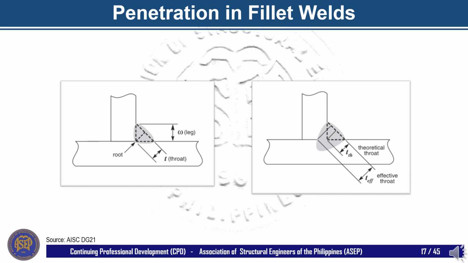If a depth of penetration beyond the root is achieved, the effective throat dimension is increased for fillet welds with equal leg sizes. Now, the effective throat dimension shown in the right image is equal to the theoretical throat plus some additional value due to penetration. Hence, if penetration beyond the root is achieved, the leg size can be reduced and the same weld strength can be achieved. As a result, this can reduce the welding costs.